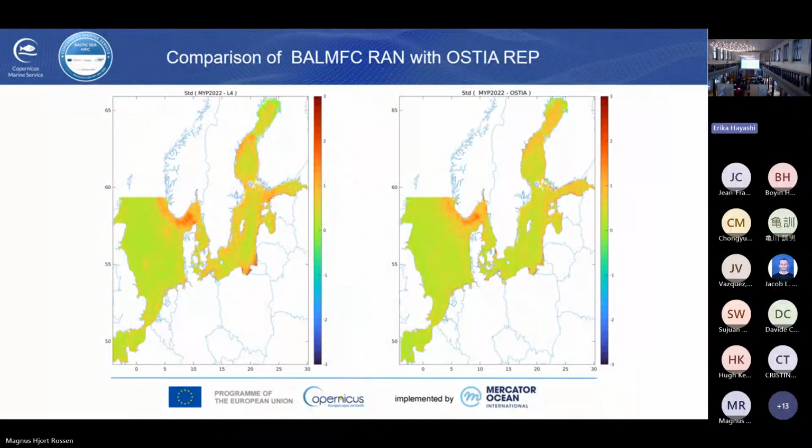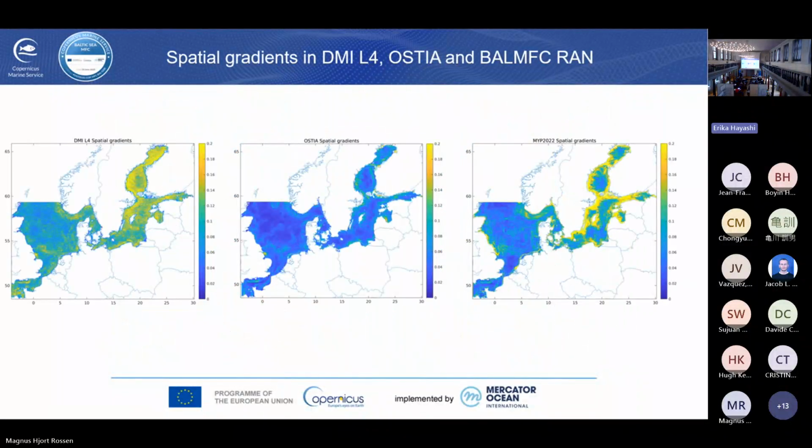But if we have a look at the spatial gradients of the SSTs, on the left, you can see the spatial gradients of the level 4 from BMI, and it has gradients which are a good magnitude, but they are very spatially uniform, which was a bit unexpected.